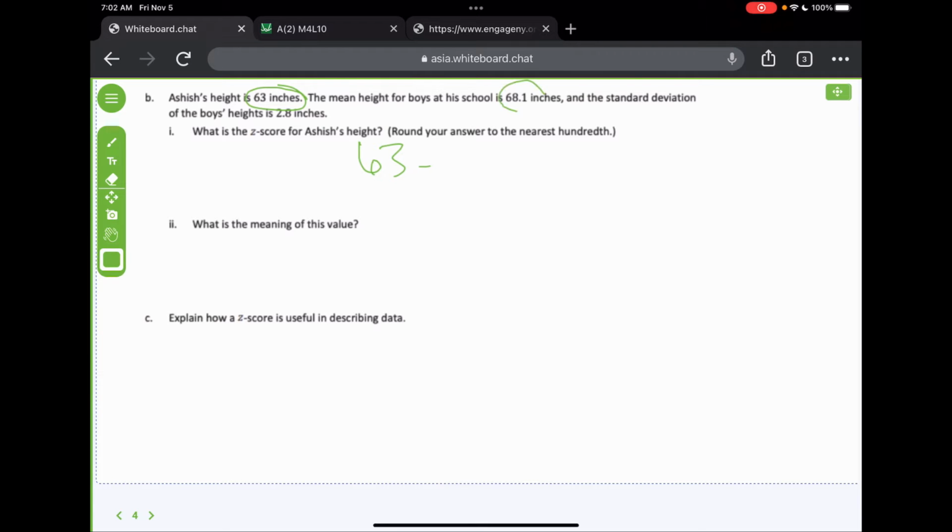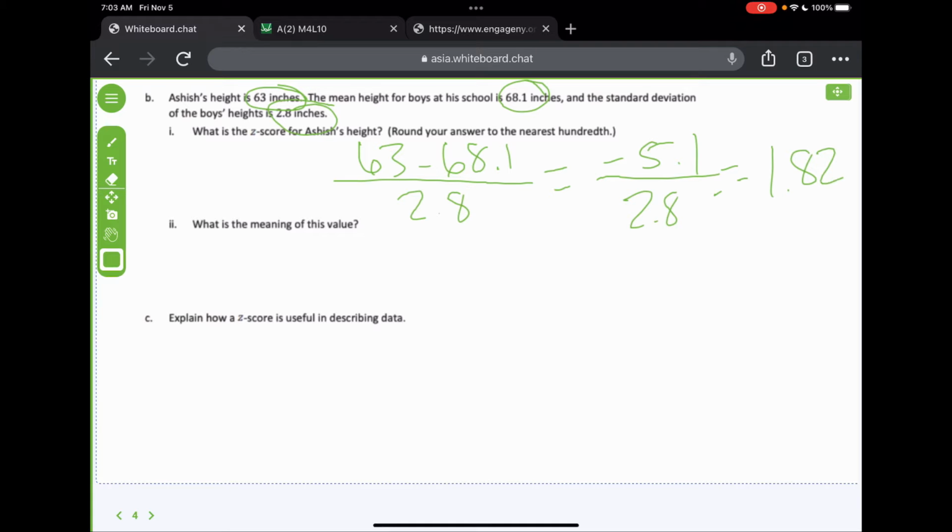What is the mean? 68.1. And what is the standard deviation? 2.8. So if you were to calculate that, this is a negative 5.1 over 2.8. It ends up equaling about a negative 1.82.